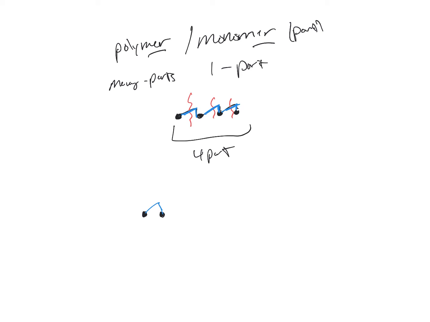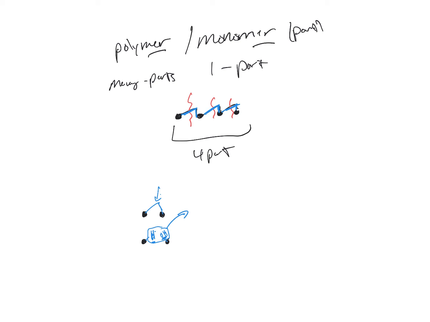So I'm going to redraw this again. These are called a dehydration because we were taking water. This should be hydrogen, sorry. So a hydrogen here and an OH group here. And those actually leave together. And that allows this bond to form.